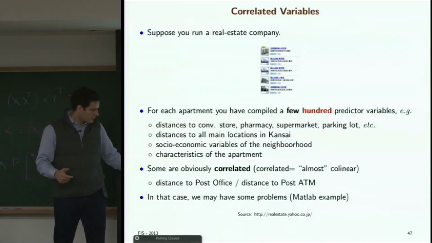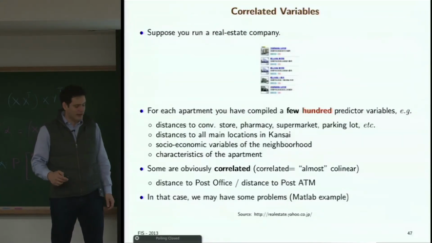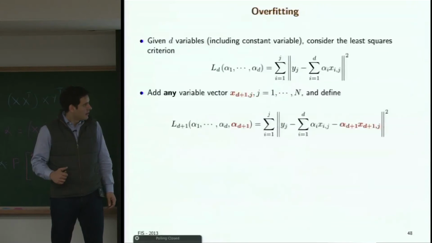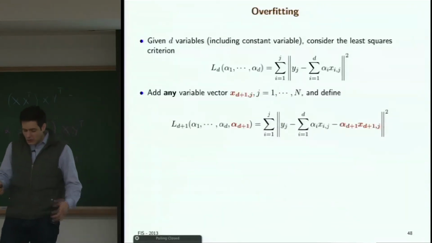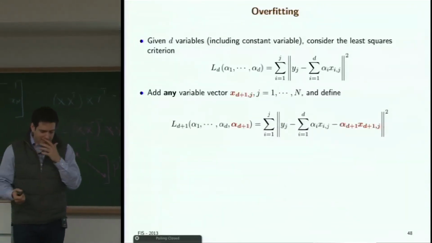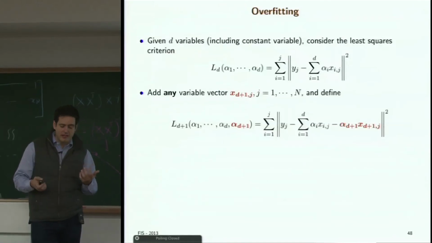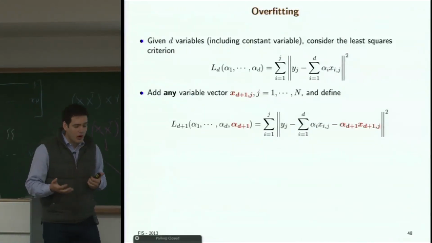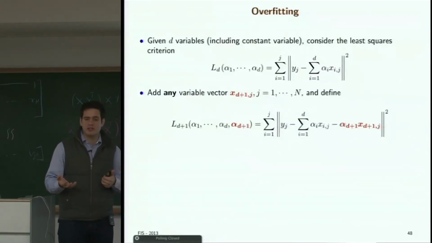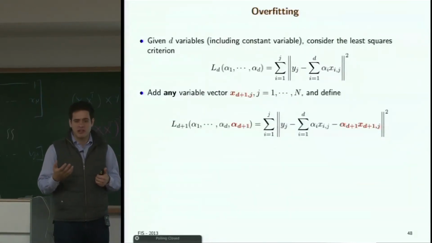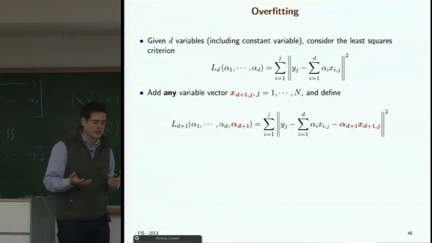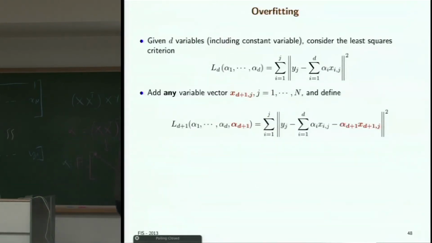And then you can run into the kind of problem that I just showed in my MATLAB demo. So this all goes to the problem related to the problem of overfitting. And let me show you why actually this least square approach is ill-defined. It's a problem actually. It doesn't solve our problem.